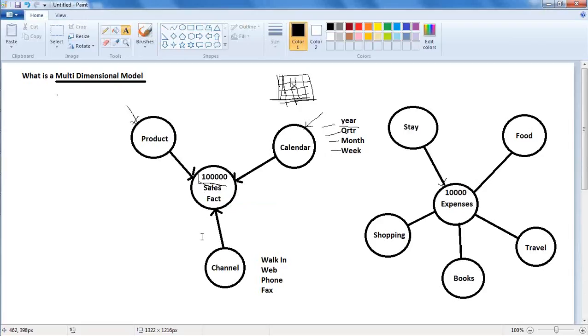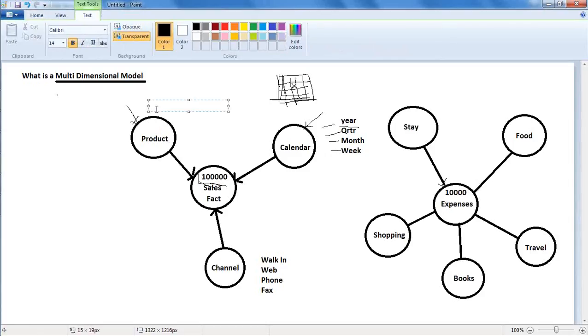So a fact table is the table with the numbers, and the rest of the tables, where we analyze our data from a perspective, we call a dimension.